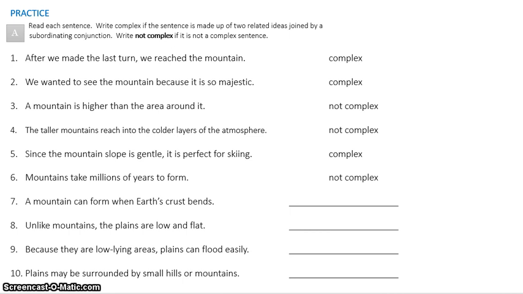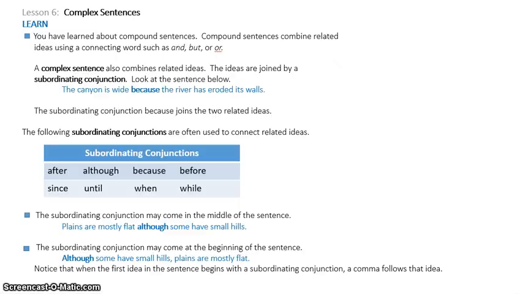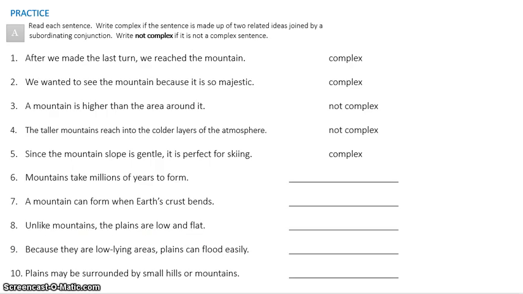Number 7, a mountain can form when Earth's crust bends. All right, so we've got to decide, if we go back up to that chart, okay, is when on there? Well, if we look, we see that when is on that chart. All right.